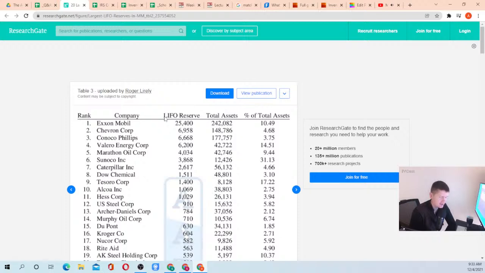As if they valued their inventory at FIFO, their inventory would have been $25 billion higher. They basically increased their cost of goods sold over their history by $25 billion, and that translated into some $5 billion in tax savings. And most of the critique around LIFO reserve is that it allows you to save quite a bit on taxes.